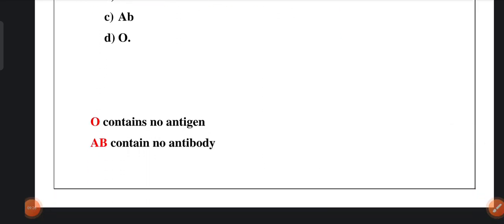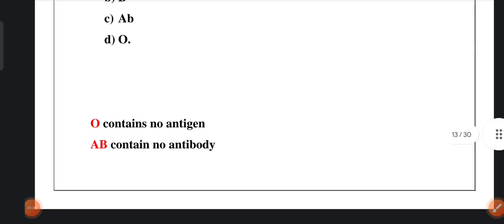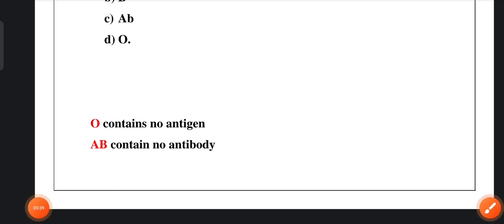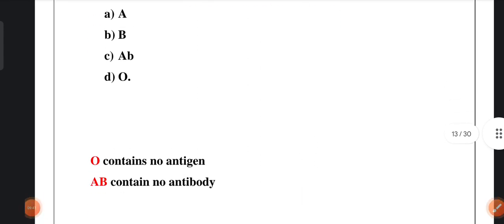In the case of blood group O, the O blood group has no antigens. When there is no antigen in the O blood group, these people can give blood to anybody, any type of blood group. When it comes to the AB blood group, AB is the universal recipient. Why?